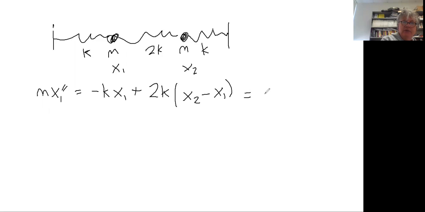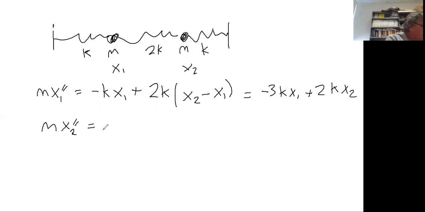Okay, and so all together, we're going to get minus 3k x1 plus 2k x2. And then we do the same thing for the second mass. The third spring is going to act like that on it.